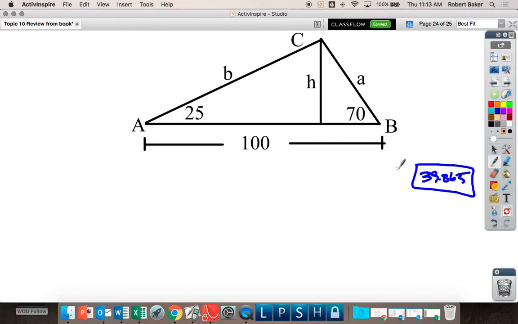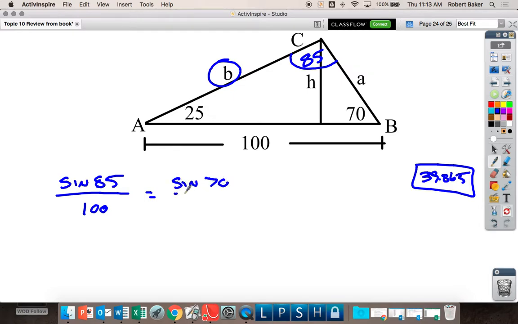So if I was going to use this number, we already discovered this is 85 degrees. So if I wanted to solve for b, the sine of 85, law of sines over 100, could be equal to the sine of 70 over little b. So when you do all the simplification process, you end up getting 100 sine 70 over sine 85.